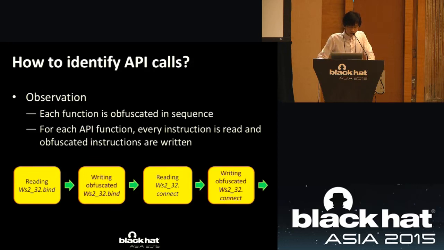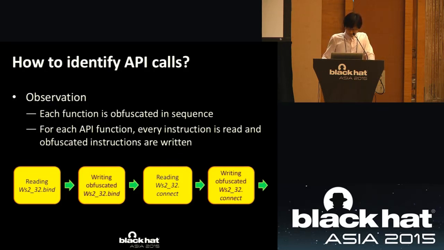So in the picture, when the obfuscator reads winsock.bind, every byte of winsock bind is read and obfuscated code is written. It is divided. And next, the winsock connect API function is read and it is written to other memory addresses.